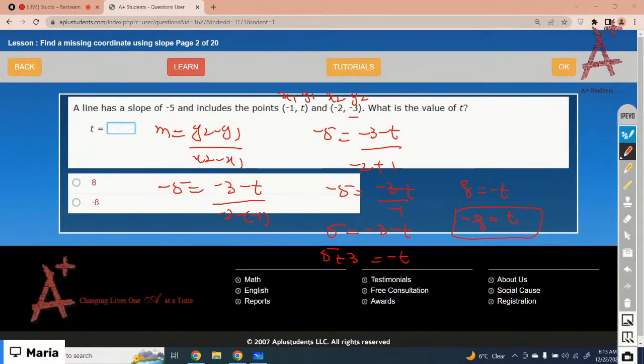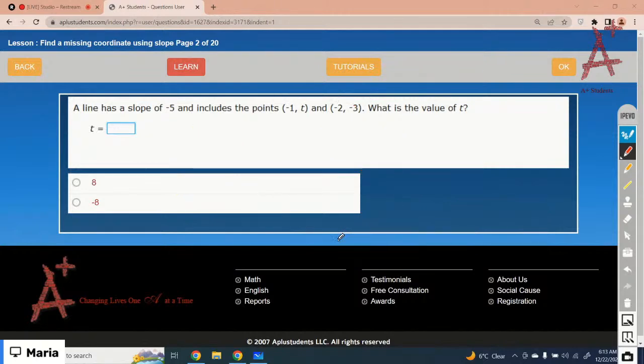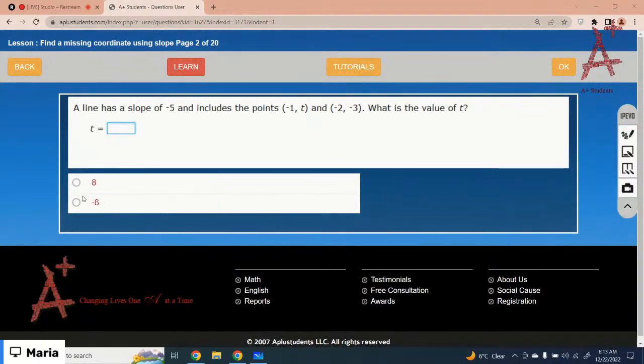So the value of t is negative 8. Got it? So that means the correct option is t equals negative 8. Just select the correct option, then click on the OK button. That would be negative 8. Got it?